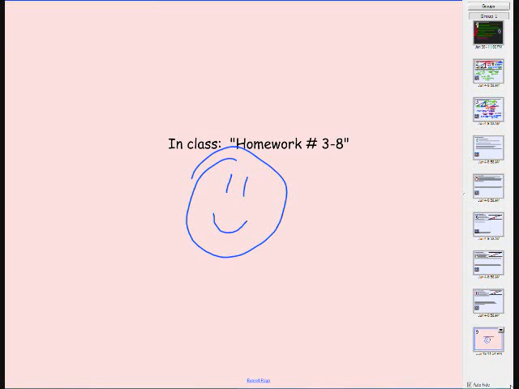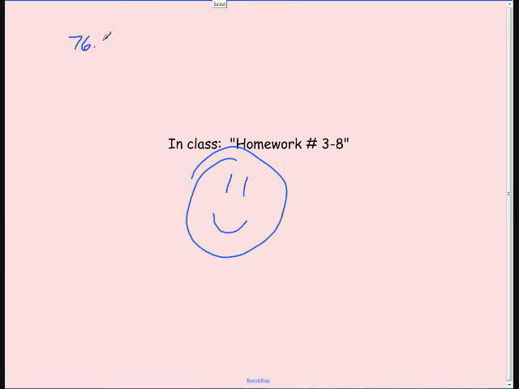Oh, I nearly forgot. Did you catch the goof? I copied a value, a length of 76.5. That was the given for the length AB, right? The length of AB was equal to that. And what did I use in my calculations?